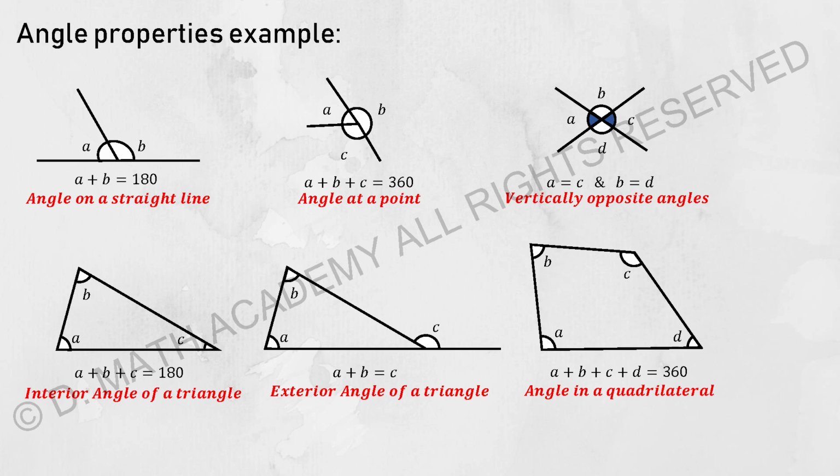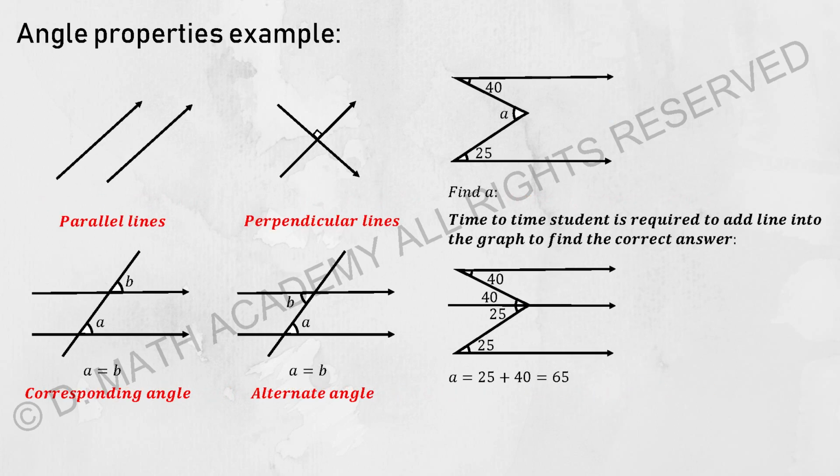The next one is angles in a quadrilateral. A plus B plus C plus D will total up to 360. The other one will be parallel lines and perpendicular lines. The concepts surrounding this will be corresponding angles and alternate angles.